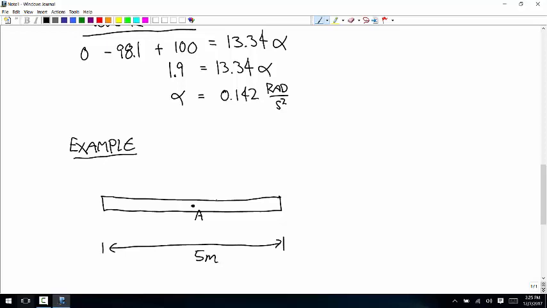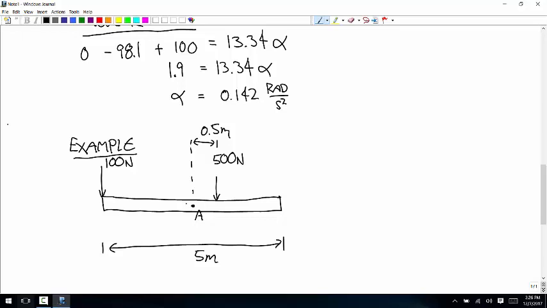And let's say there's a force of 500 newtons acting half a meter from the axis on this side, and a force of 100 newtons at the end on the other side.